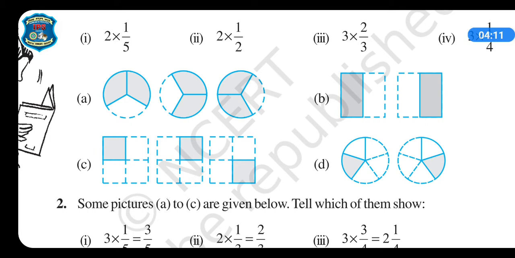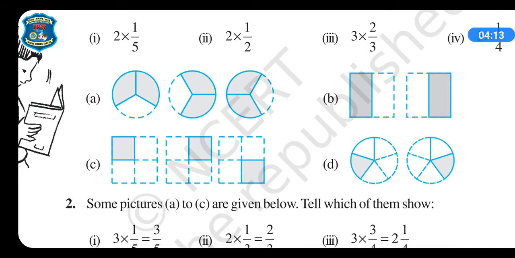See the next, third. Third is what? Third में लिखा हुआ है 3 into 2 upon 3. So first see 2 upon 3, यानी first you have to find 3 part में the denominator is 3. So divide into 3 parts. So say A और C बताइए 3 part में which one is divided? Yes, this one is divided. This is divided into 3 parts. 1, 2, 3, 3 parts में divided है, and 2 are shaded.